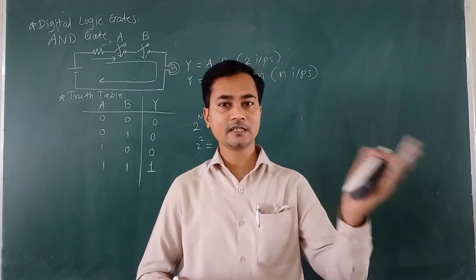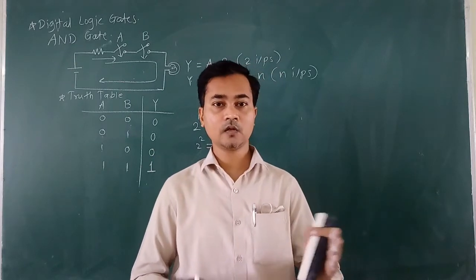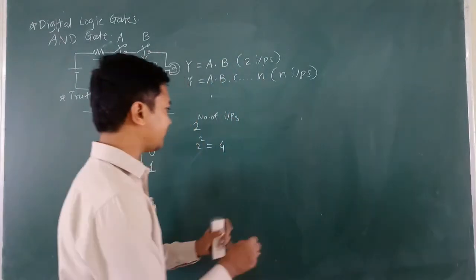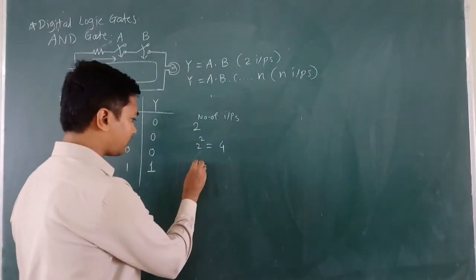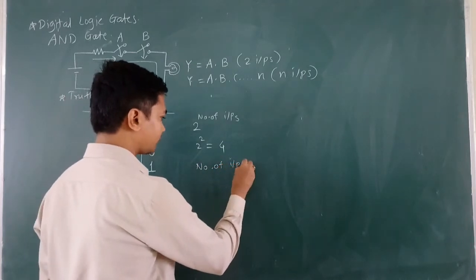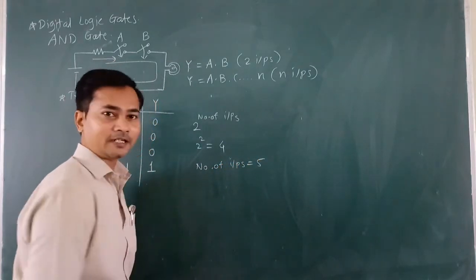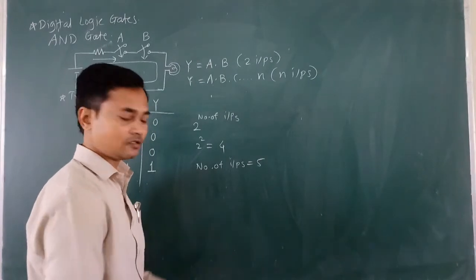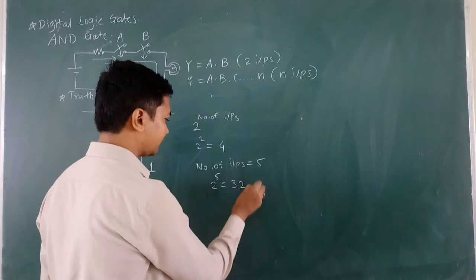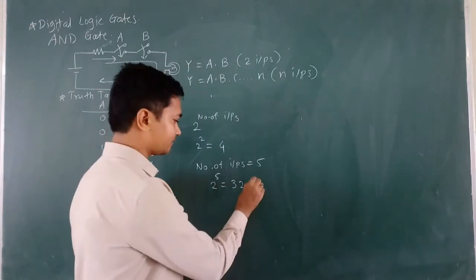For all other conditions, the output of the AND gate will remain 0. If the number of inputs is 5, how many combinations can be formed? 2 raised to 5 is equal to 32 combinations.